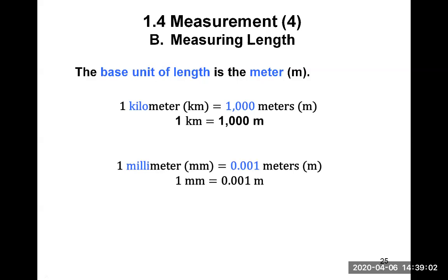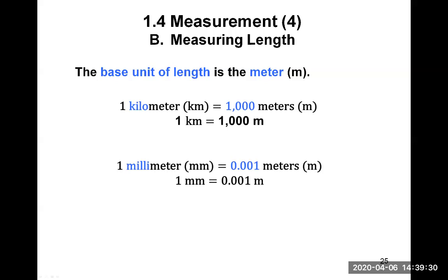Same thing with millimeters, for example. 1 millimeter, as I said earlier, the first m is the milli, the second m is the meter. If you put the value of the milli prefix, it's 0.001 meter.